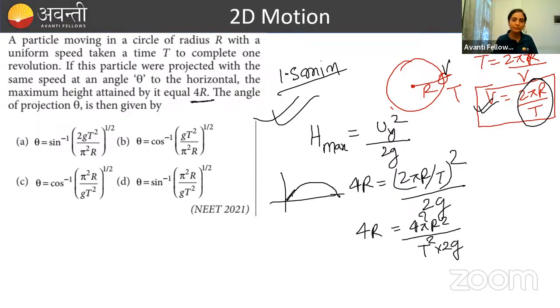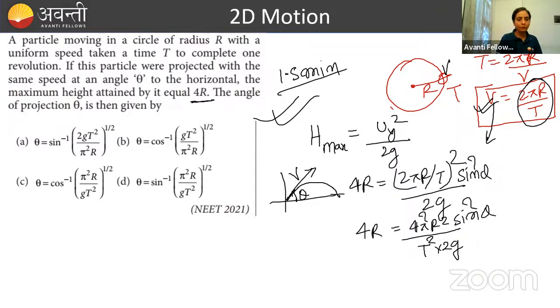Now what you have to calculate is the angle of projection. This is the total velocity actually, so with v velocity we are throwing it at angle theta. So uy will be v sin theta, so here sin square theta will also come.